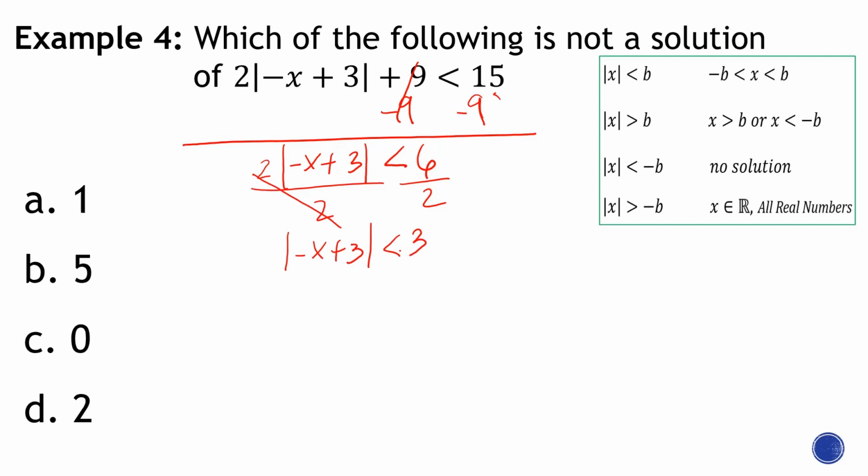This will be 3. Next, just drop the absolute value bars. And then we have negative 3 less than negative x plus 3 less than 3. I know, there's a lot of 3. So minus.